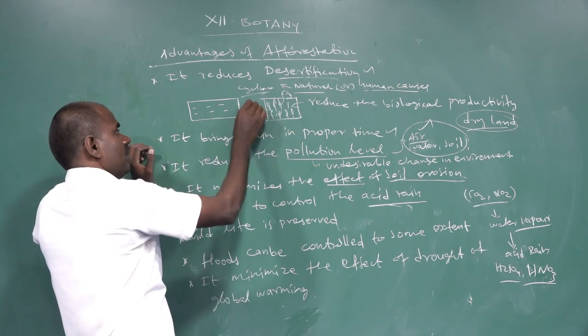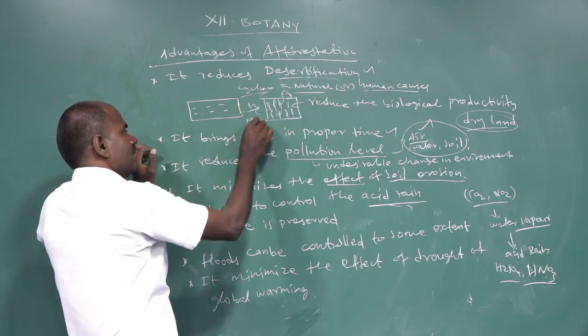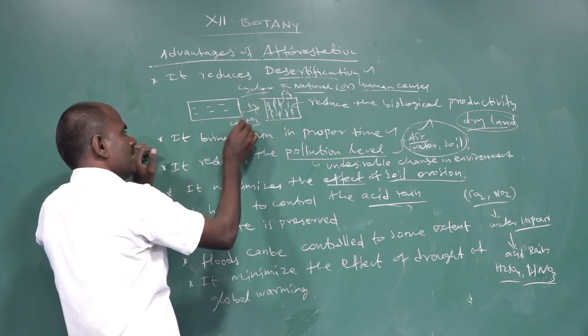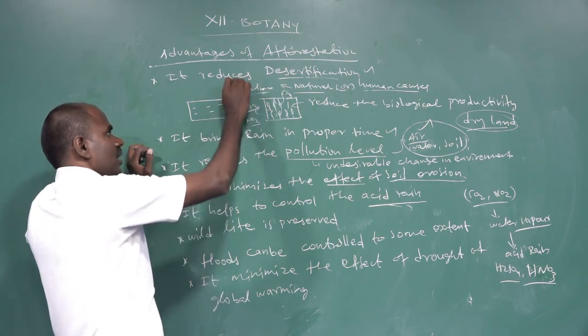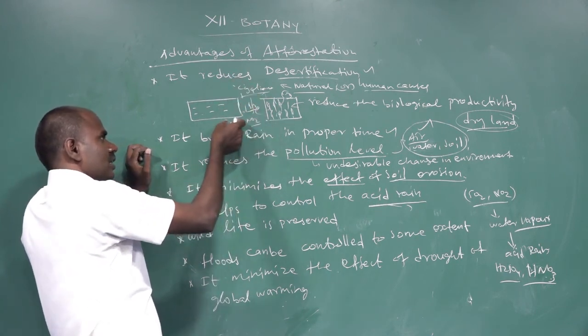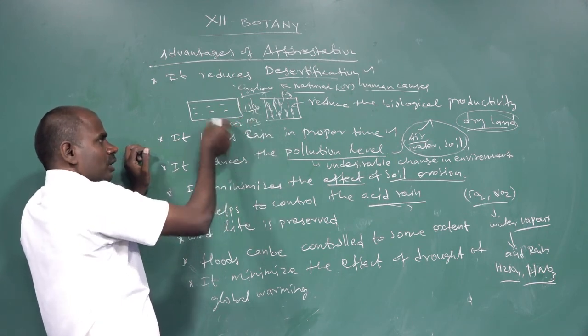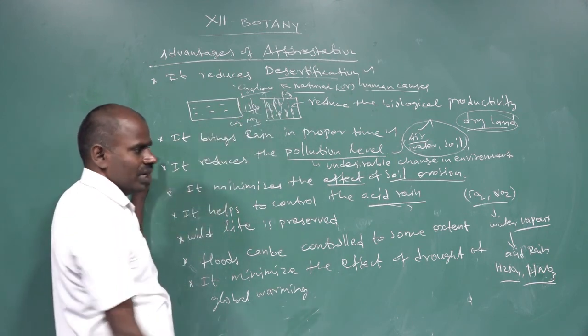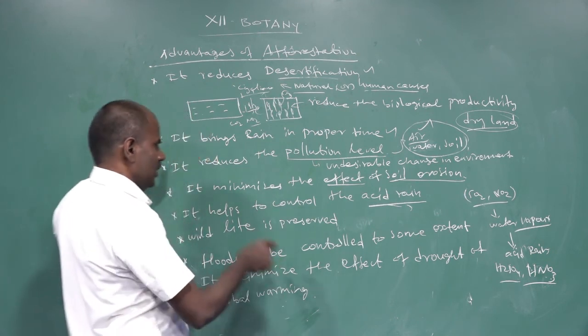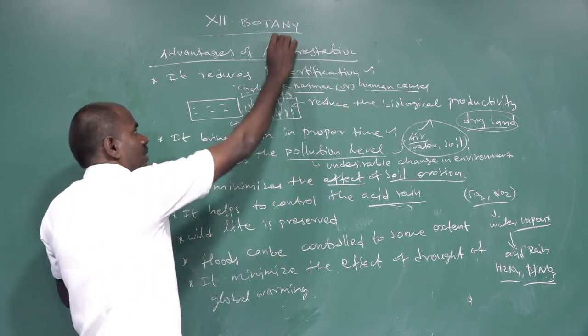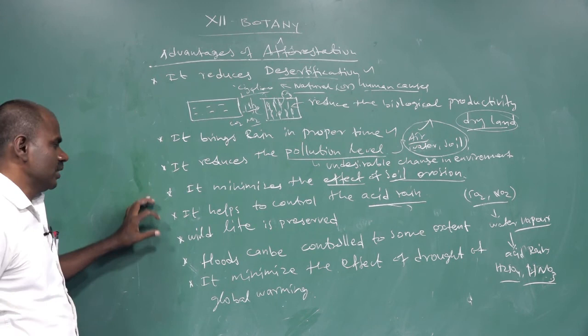Sulfur dioxide, nitrogen dioxide, and carbon dioxide gases are released into the atmosphere and mix with water vapor to create acid rain. Controlling this helps control air pollution. These are benefits of afforestation.